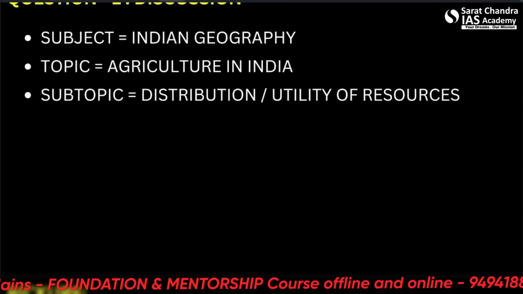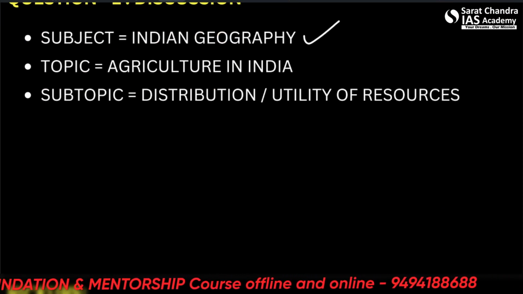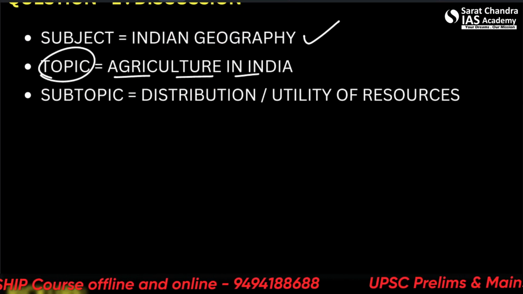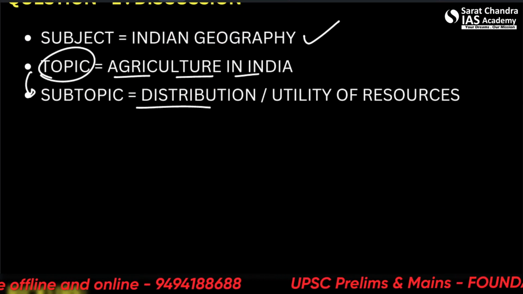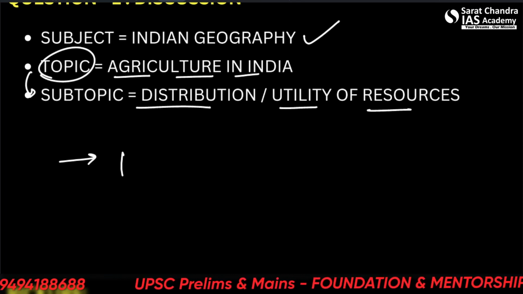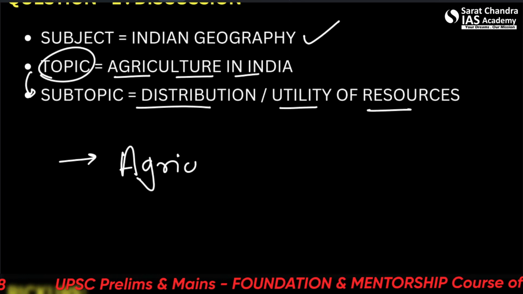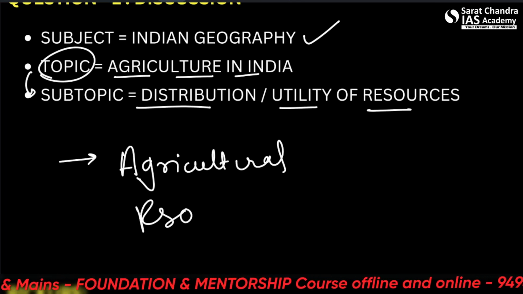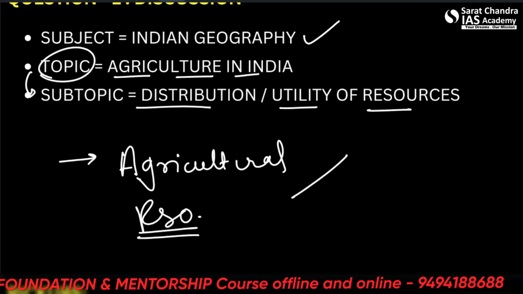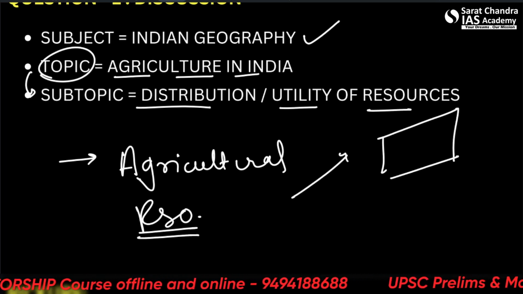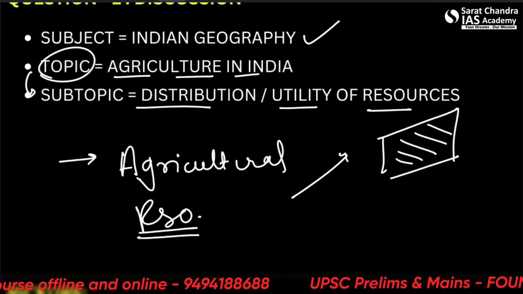This question has come from Indian geography as the major topic, and the subtopic is agriculture in India, and the subtopic is distribution or utility of the resources, especially the agricultural resources. In a pattern, it talks about the arable area, that means the base of agriculture.